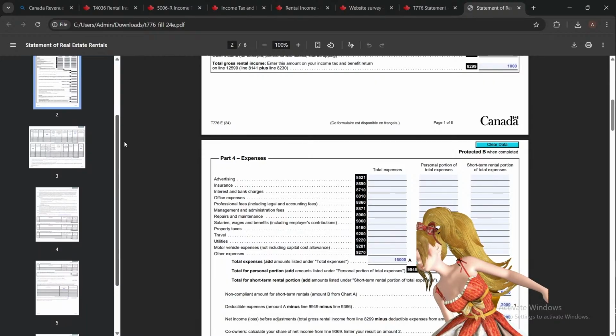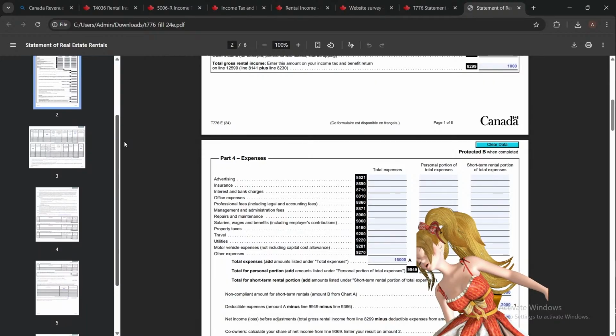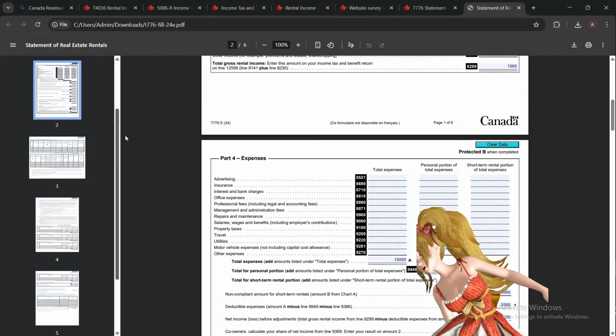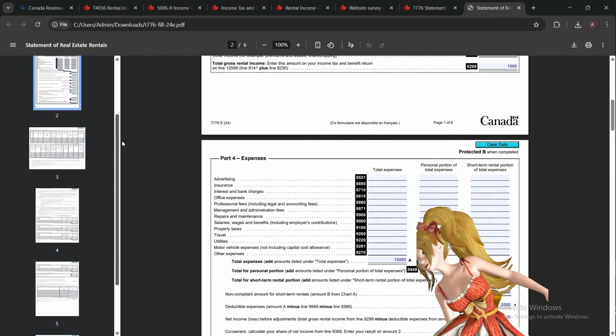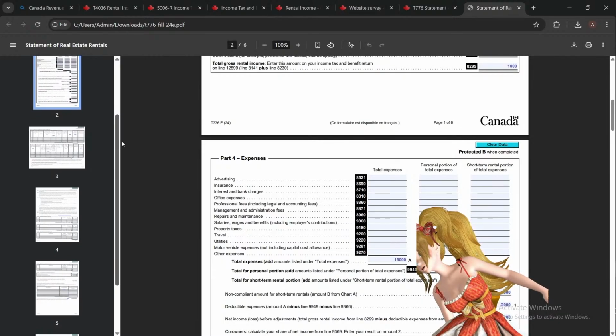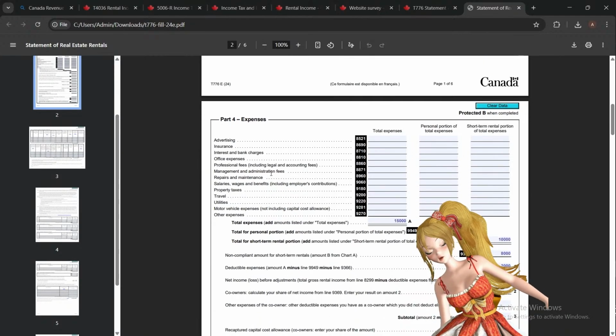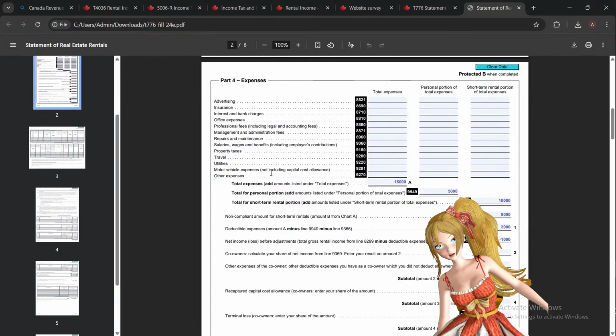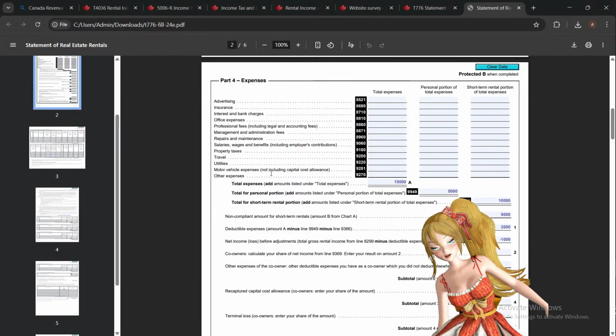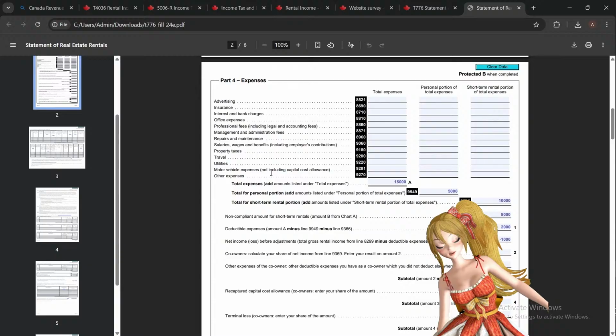Non-compliant amount means operating illegally. Oh. So I'm not allowed to have bad tenants?